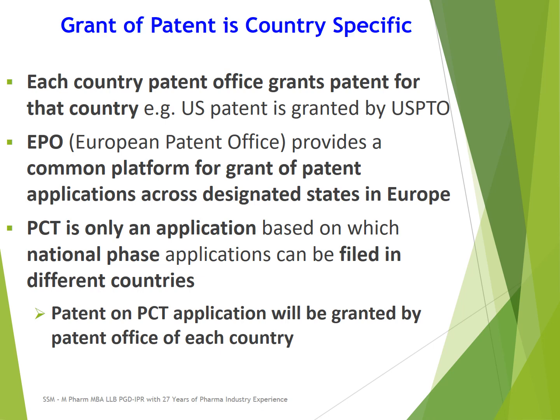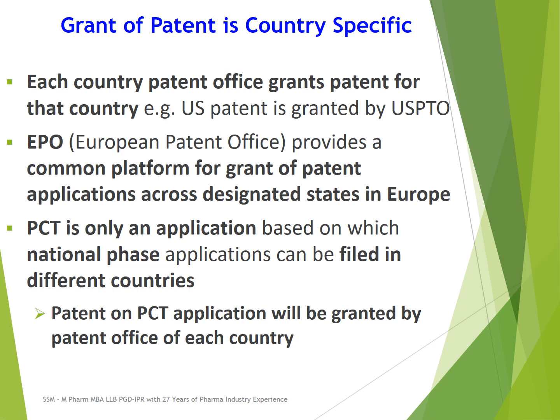If you select all the European countries, then EPO will grant patent for all European countries. If you select only 10 European countries, then EPO will grant patent only for those 10 European countries. So EPO is a regional patent office which provides a common platform for granting patent for European countries. So there will be one European patent for all designated or selected states in Europe that will be valid in all those selected states.